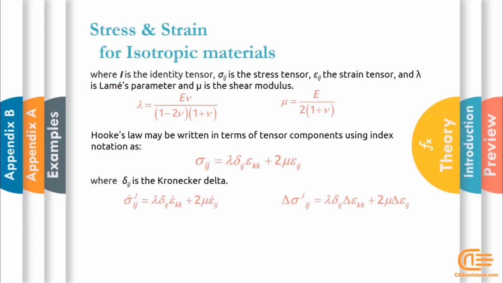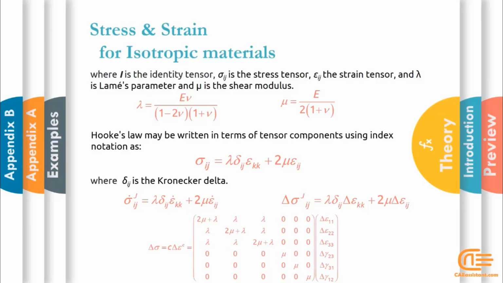The first one is the isothermal elasticity equation with Lamé's constants. The second one is the Jaumann rotational rate form, and also we have the Jaumann rate equation which is integrated in a rotational framework. So if we want to write the Jacobian in matrix form, we have this equation.